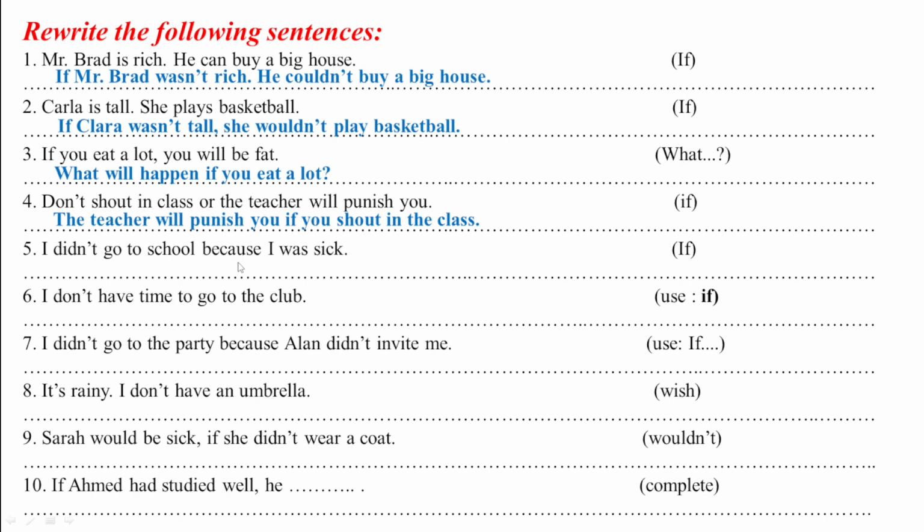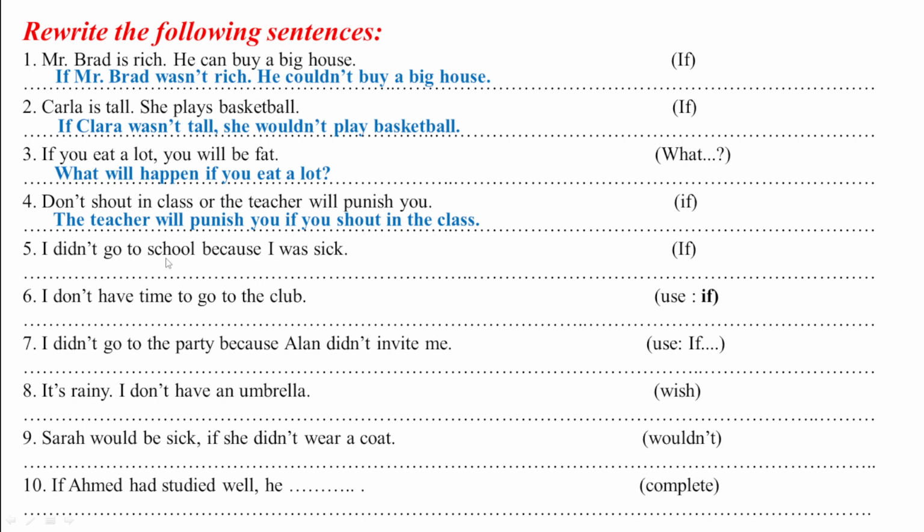I didn't go to school because I was sick. Look at this. This situation happened in the past, so this is a past situation. Of course, here we have to use the third conditional, and here we will change this sentence, I didn't go to school.